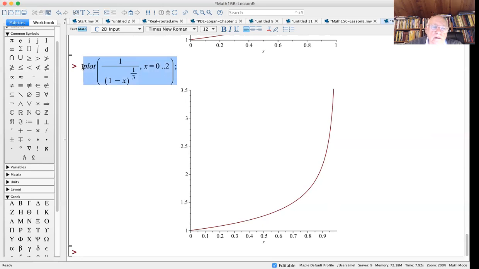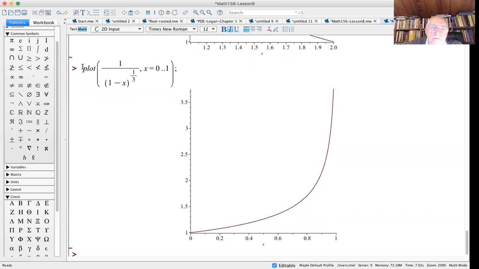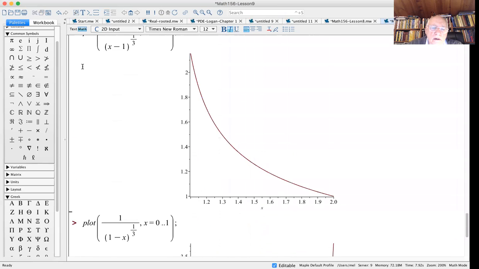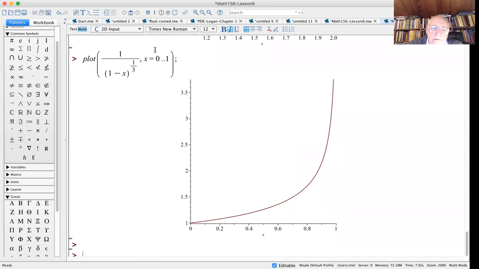I don't know why it doesn't want to do that. But you can see the graph of this function, it has a singularity. It's not continuous at x equal 1. It goes up to infinity, and in this direction up to infinity.